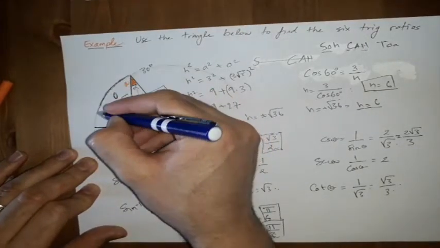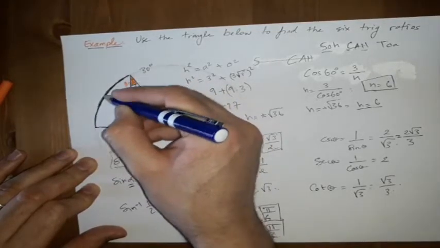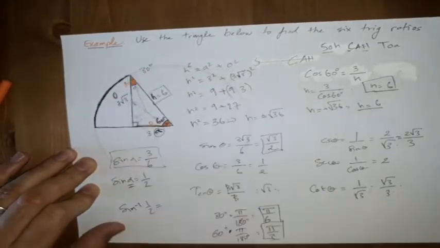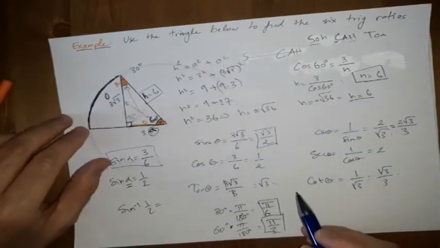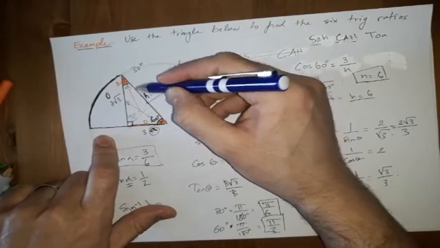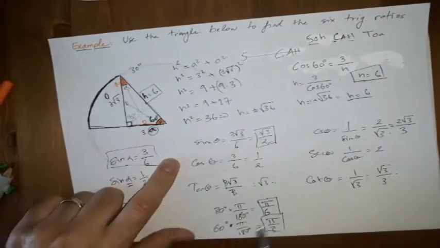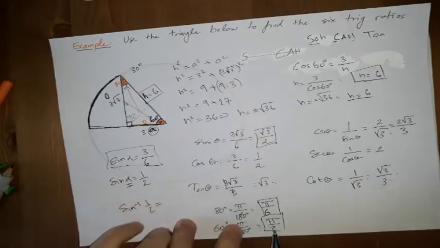What is the length of this arc, guys? It's very easy to find. How can I find this? Just check what this angle is. The angle that made this arc is the 60 degrees, which is pi over 3.